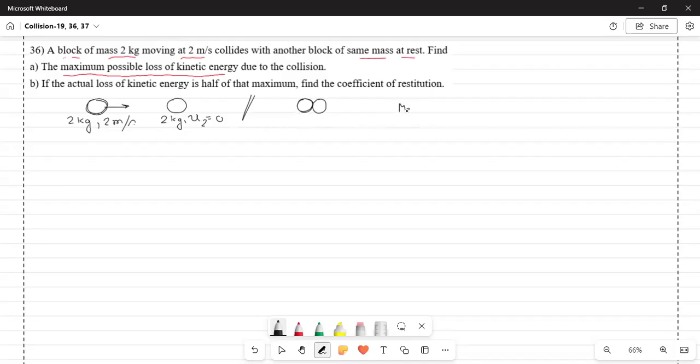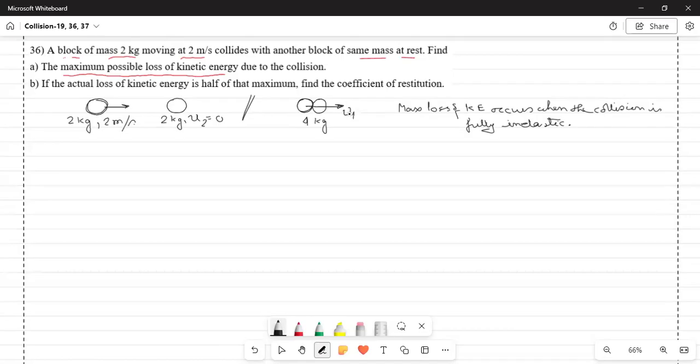So you may write here: maximum loss of kinetic energy occurs when the collision is perfectly inelastic, which means these two join together. So their mass will be now 4 kg, and the two together move with a velocity, say v1.